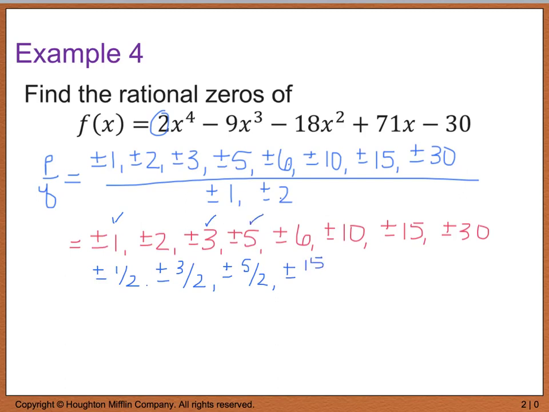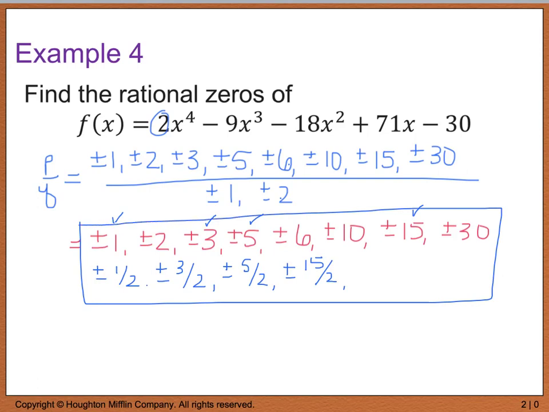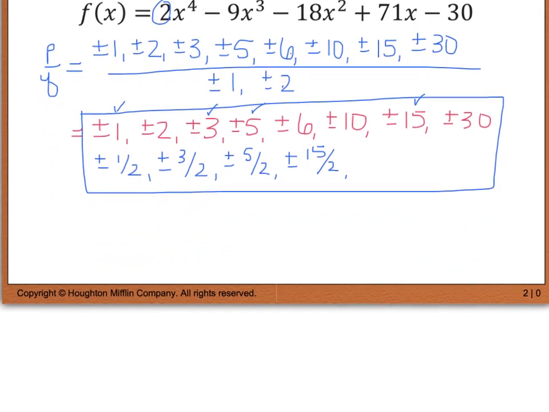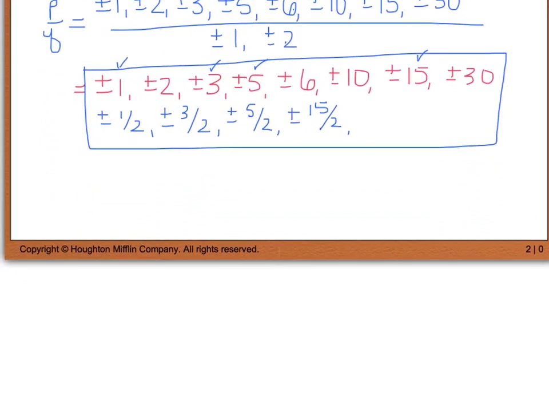So now I'm up to plus or minus 15/2, and then plus or minus 30/2, which is 15, and I've got that right there. So this right here is a list of all my possible rational zeros. And as you'll see, that gives us 24 different possibilities. So now, let's grab our calculators and pull out at least one zero so that we can go ahead and calculate the rest of them.